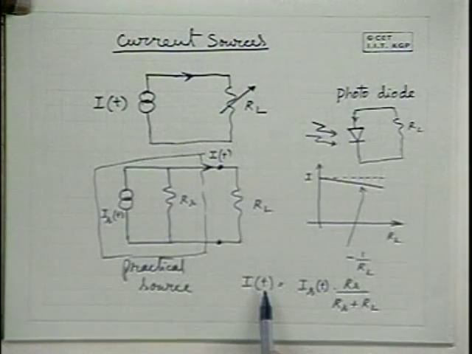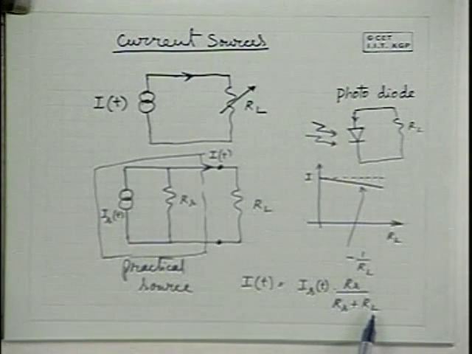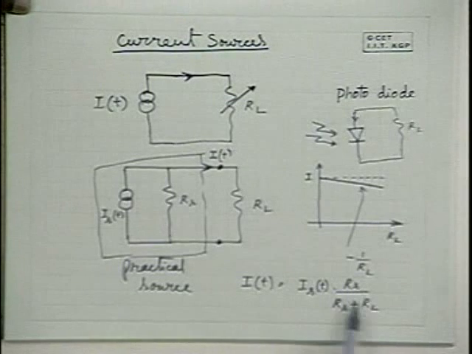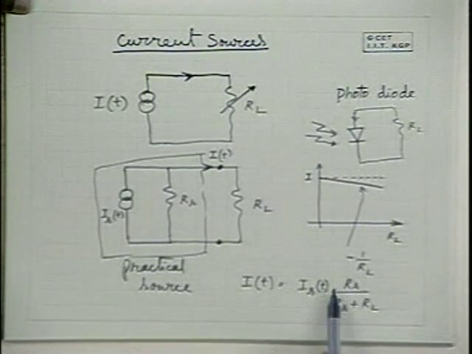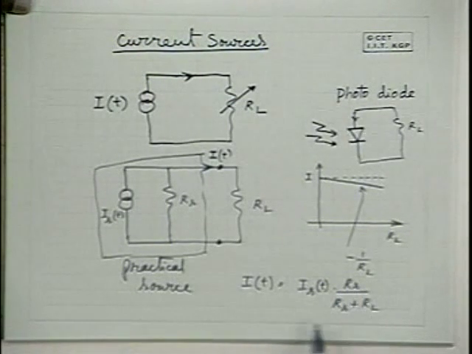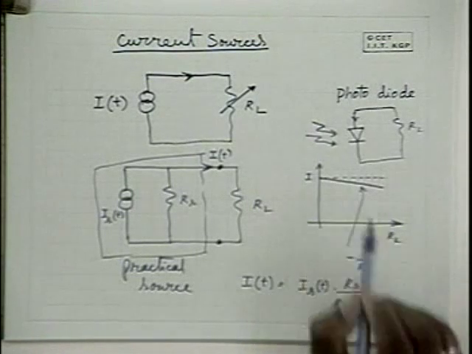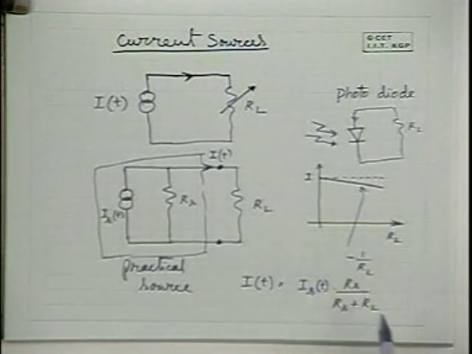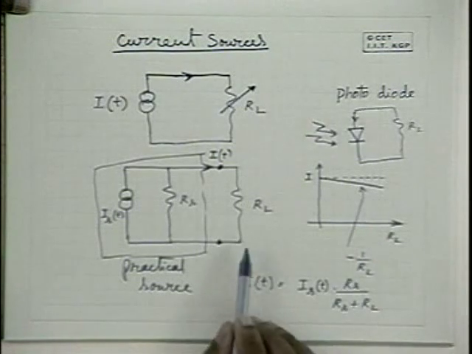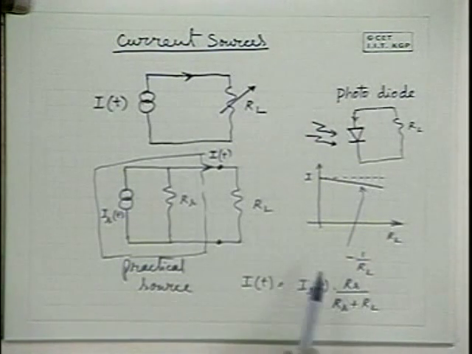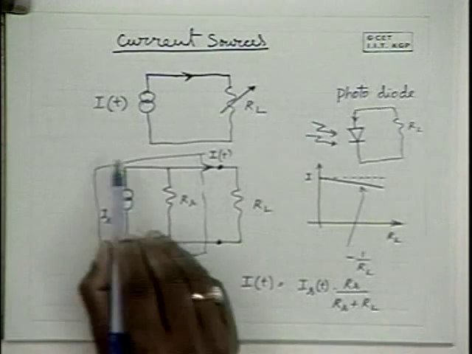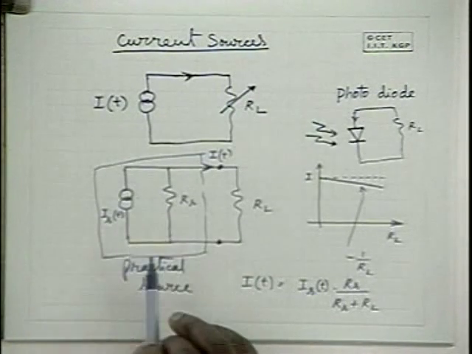So IT is inversely proportional to RL here. With increased RL, IT decreases. Therefore, this kind of characteristic can be obtained in this fashion. To get this kind of characteristic, you can use this kind of model for a practical source.